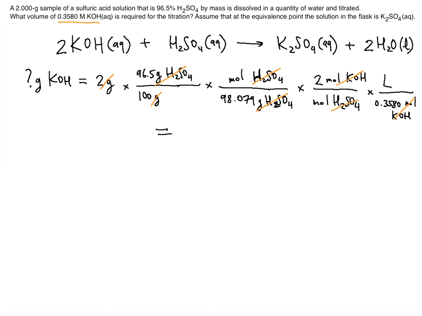Actually, I don't know why I put grams here, but let me erase that. We will put the number of liters. Actually, we're going to convert it to milliliters, so I might as well just write milliliters and not liters. So the number of milliliters of the potassium hydroxide.